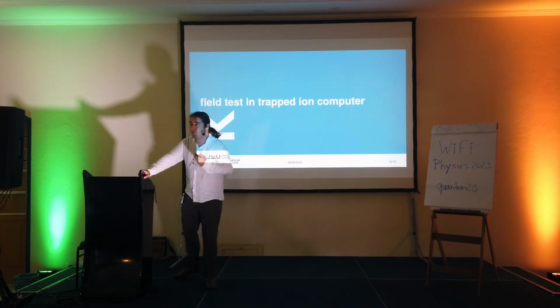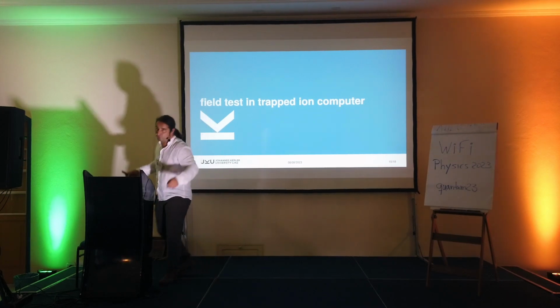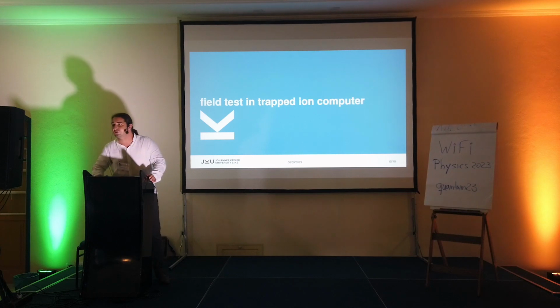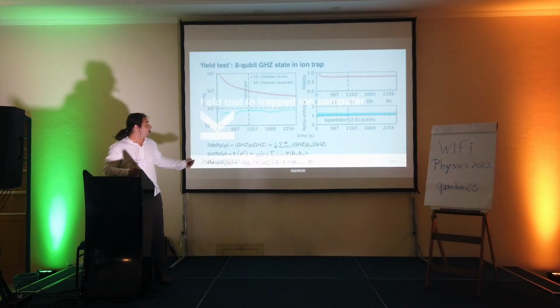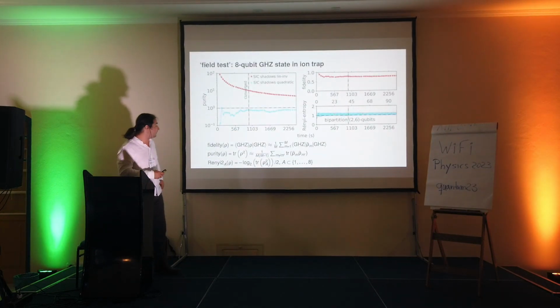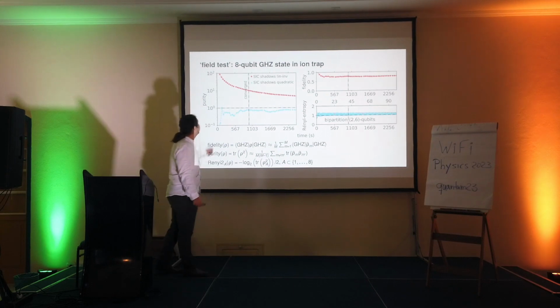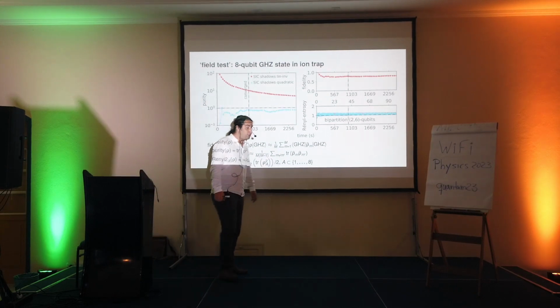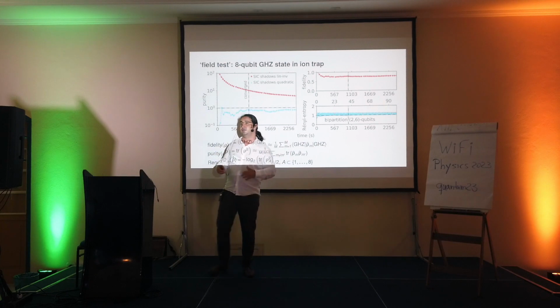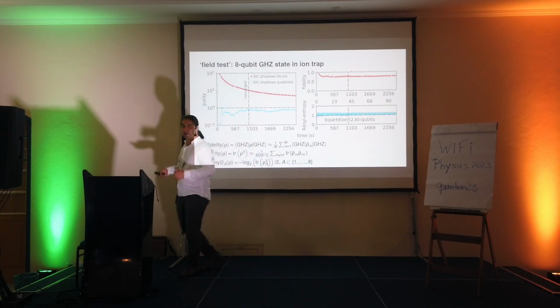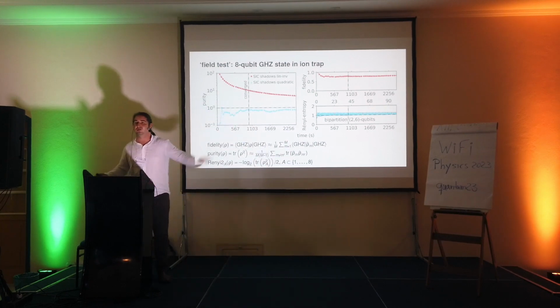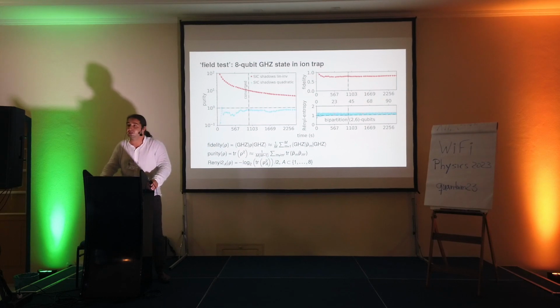And in our case, I'm Austrian, it was, of course, a trapped ion quantum computer for me. And here is what we did. Our friends in Innsbruck prepared an 8-qubit GHZ state, just as a target state, as a proof of principle. So this is not a very big problem, it's 8 qubits.